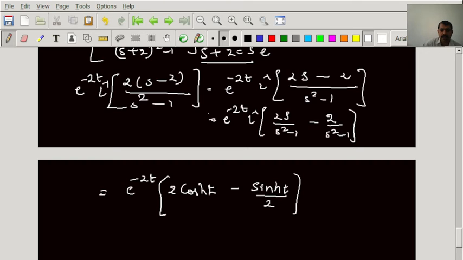We know the Laplace of cos hyperbolic function of t is s by s square minus 1, and sin hyperbolic function of t is 1 by s square minus 1. So 2 is there, but here we must write it into 2. So this is the answer.